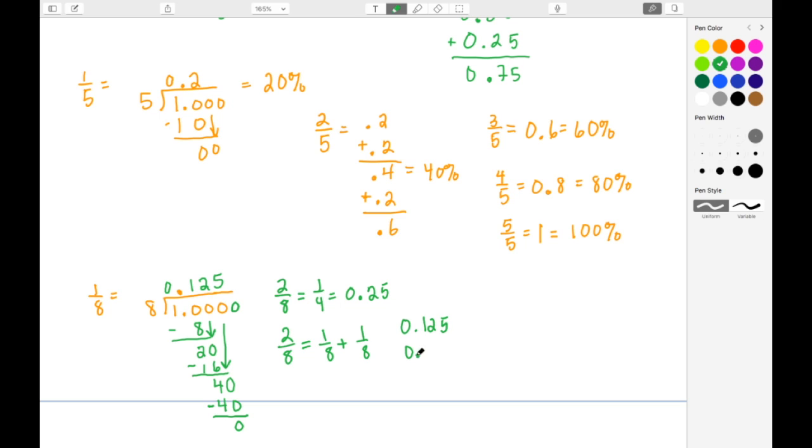So that means 2/8 would be another 125 thousandths. And then we add these up. 5 and 5 give me 10. 2 and 2 give me 4, plus that 1 to be 5. 1 and 1 give me 2. Bring down my decimal point and my 0. And we see here we have 250 thousandths. But we know this 0 here, you don't have to write it. So it is the same thing as 25/100ths, which is what we came up with right here.